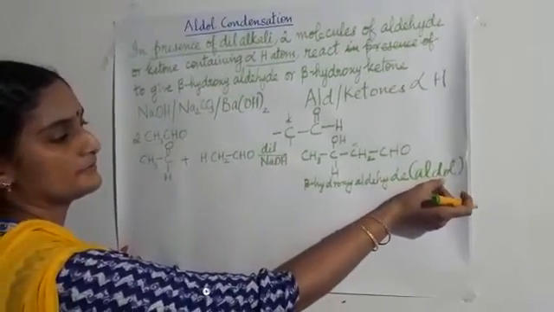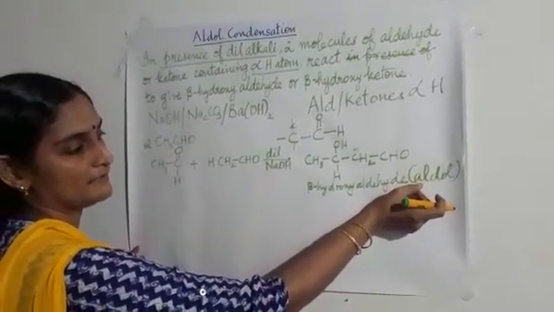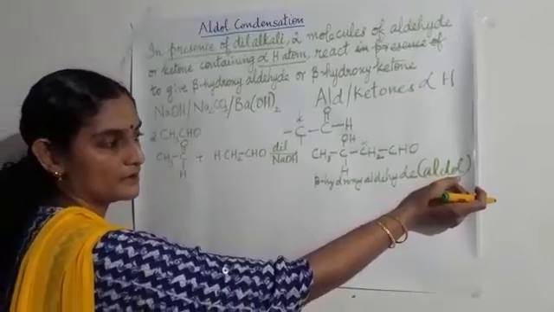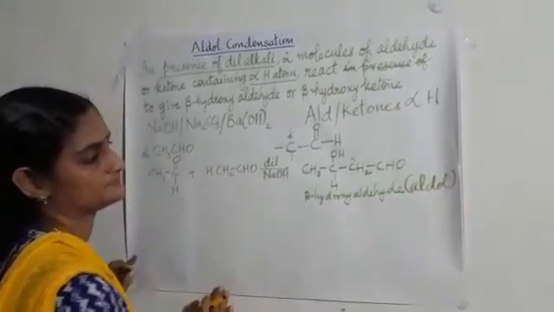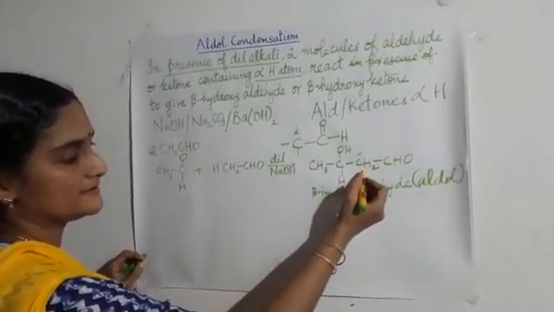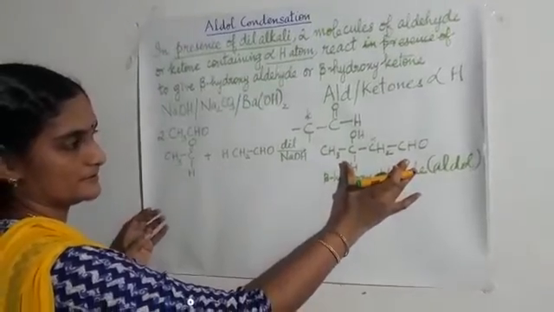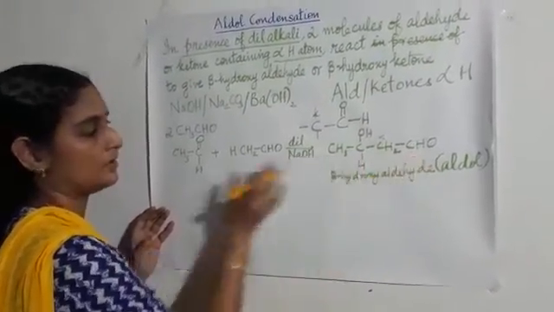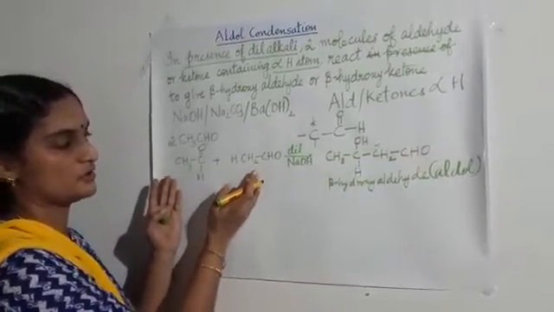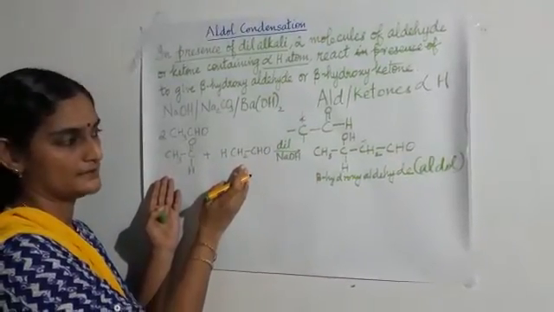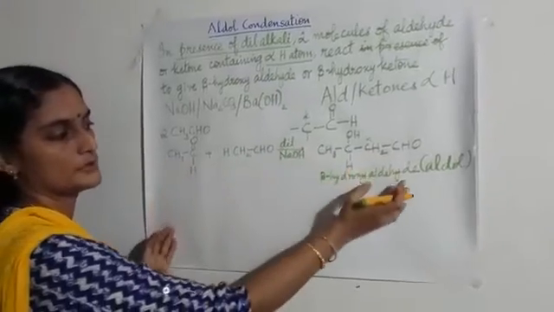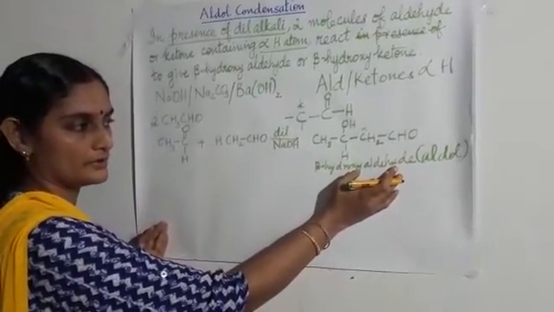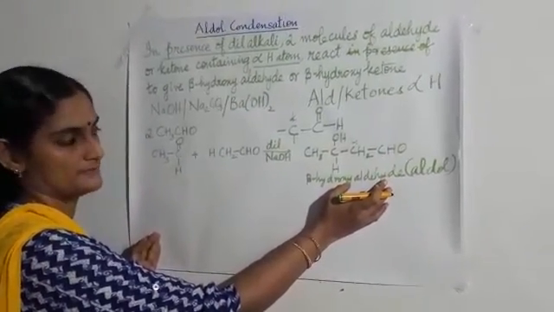Aldehyde, from aldehyde we have ALD and from alcohol we have OL. Now this product is the addition product, that is the reaction of two molecules of acetaldehyde to give aldol, and it is the aldol reaction.